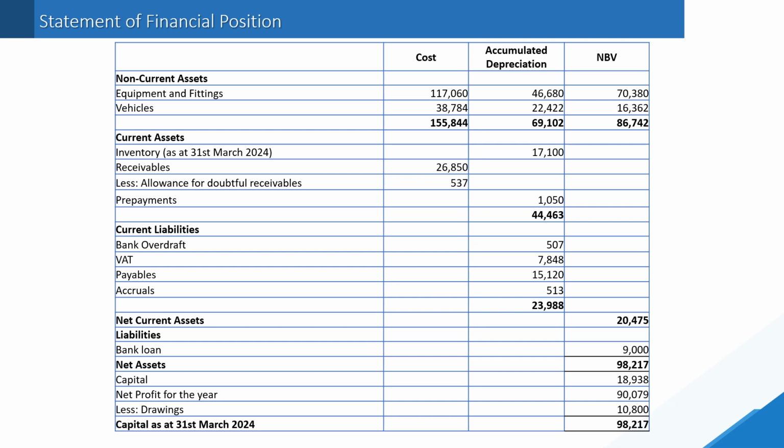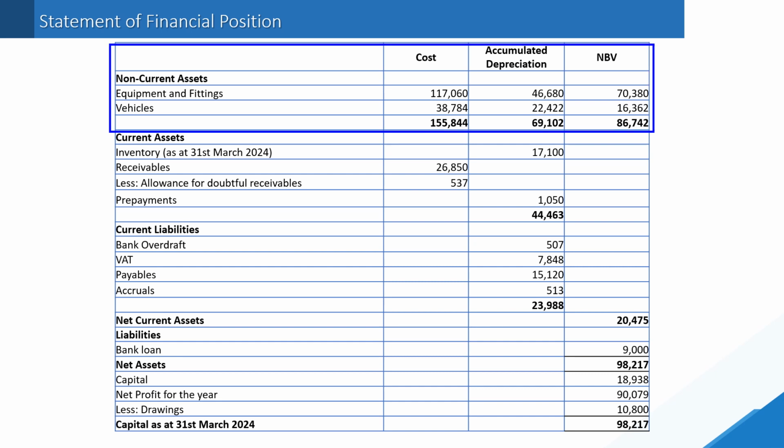And we can see at the top of the SFP, we've got a net book value of our non-current assets at 86,742. So it's key that this section of our SFP is accurate. It's key that we get it right, because if we don't, we could then be in a position where we're under or overstating the net worth of our business.